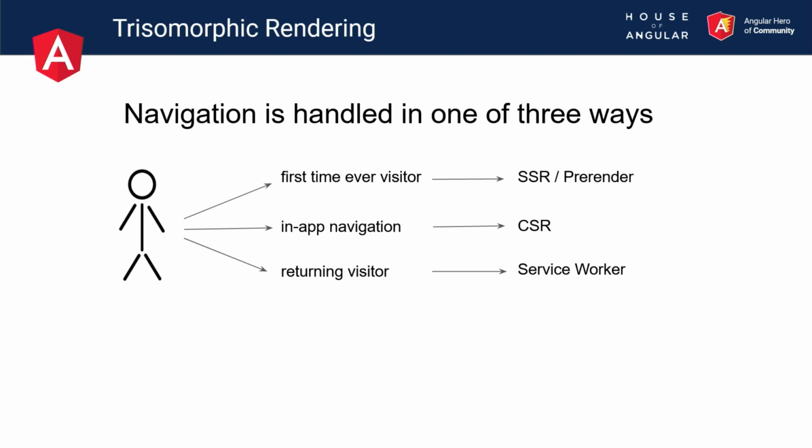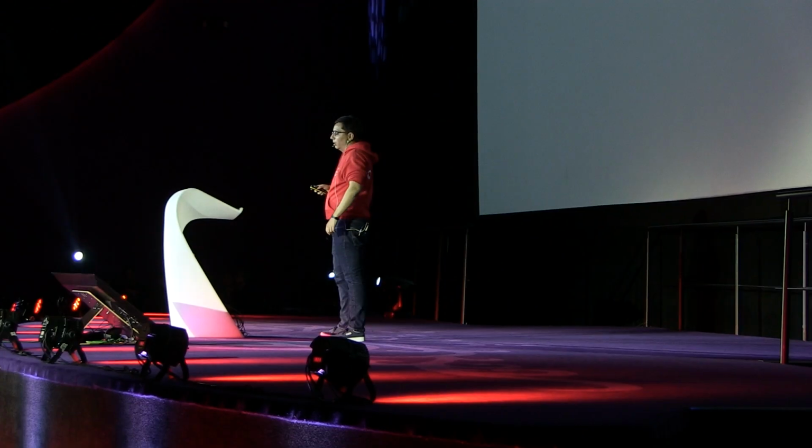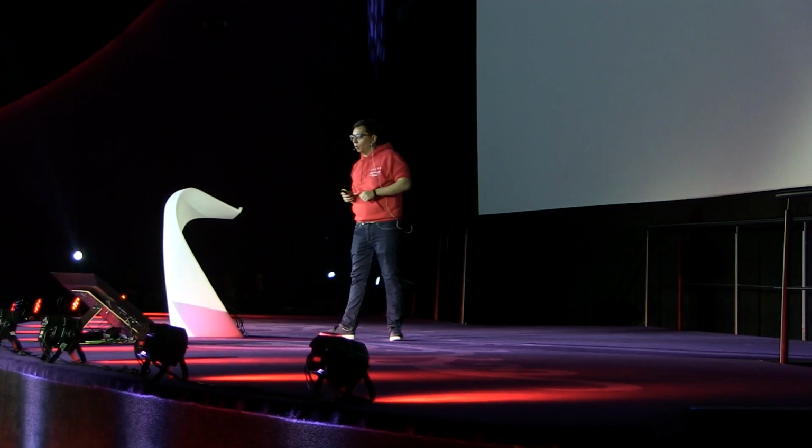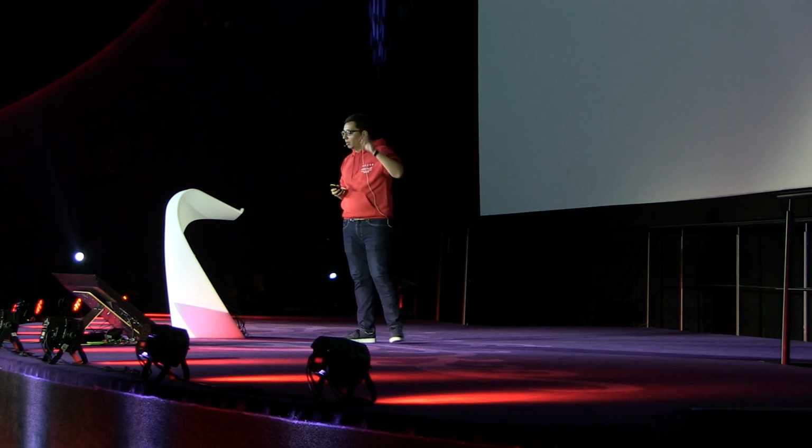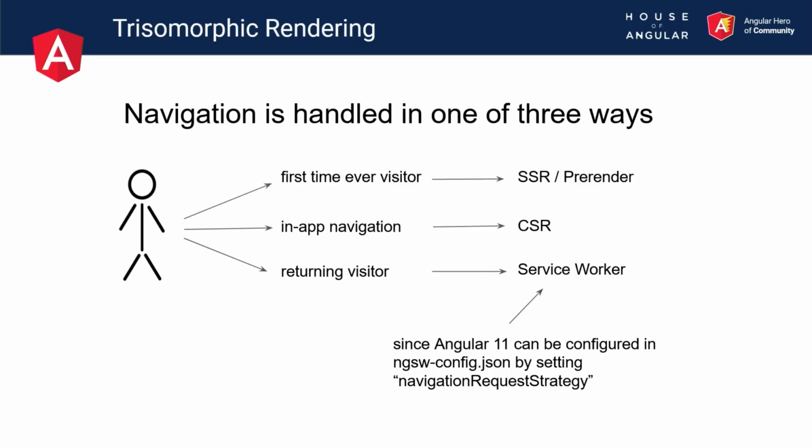But if it's a returning visitor, and the service worker has been installed, then you can handle things by the service worker, and decide what to deliver to the user. Since Angular 11, you can actually configure the last point with the navigationRequestStrategy property. So these were the patterns that I wanted to talk about.